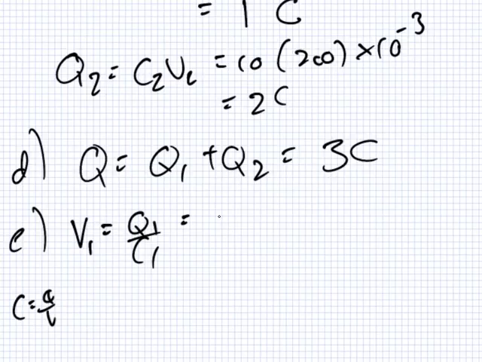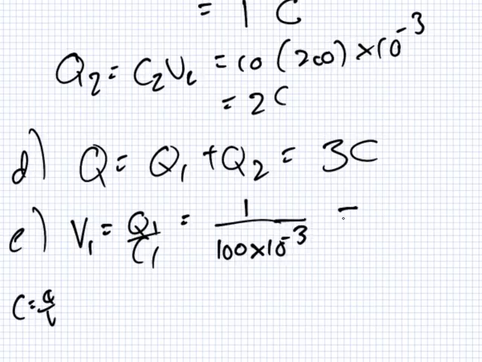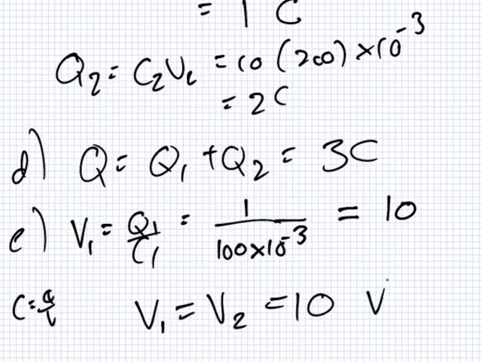Q1 is 1, and C1 is 0.1, which is 100 milli, 10 to the minus 3. So this should equal 10. All 10. So it's true. So the answer is the voltage on the first one and the second one will equal 10 volts.